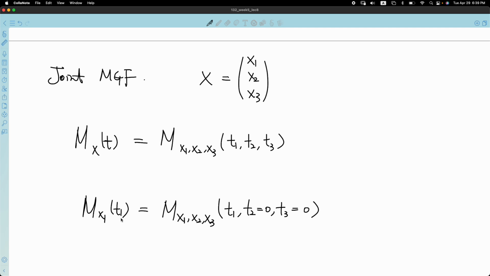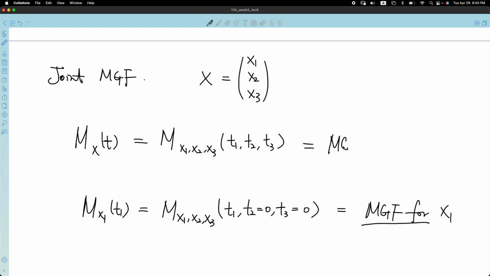When you have a moment generating function for a multivariate random variable, and you are interested in the moment generating function for a particular random variable, let's say x1, all you need to do is set the t's corresponding to the other elements to 0 and leave the t1 inside your formulation. Whatever you get on the right hand side will be your moment generating function for x1.